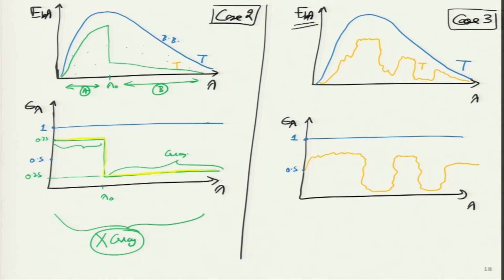We can assume different regimes, like we have done in case 2 for regime A and regime B. Over here also I can assume that in the first regime the effective emissivity is like this, then suddenly it goes down in this zone, then it comes up, and in this zone it is like this. So, I can use step functions in order to figure out what is going on over here.